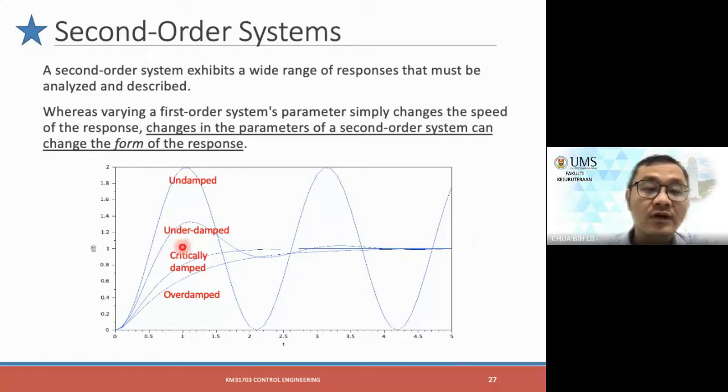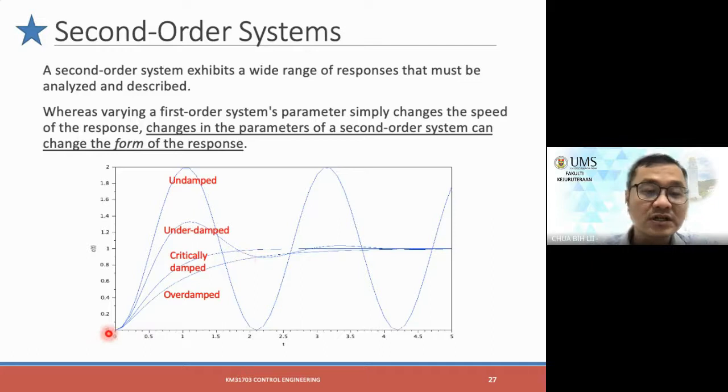For the critically damped case, the characteristic is very similar to the first order system. It goes up but does not overshoot. It will not go up and down.